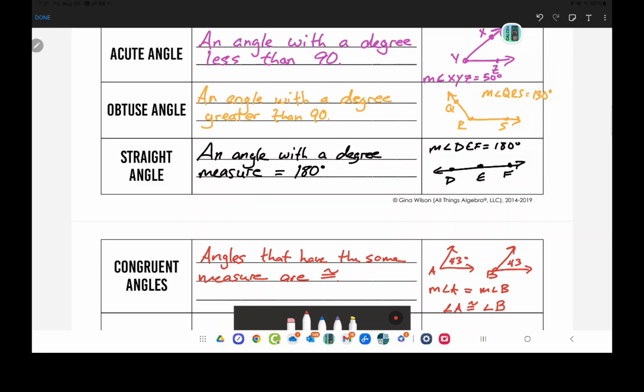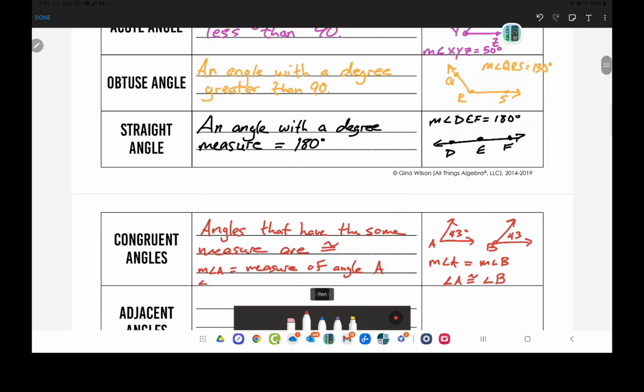Just like segments have a certain symbol, while the measure of a segment lacks that symbol, the measure of an angle starts with a lowercase m. So this right here, m angle A, is the measure of angle A.